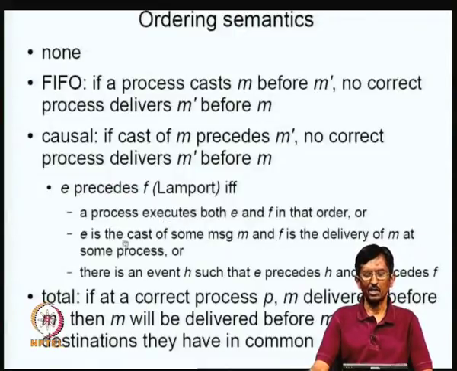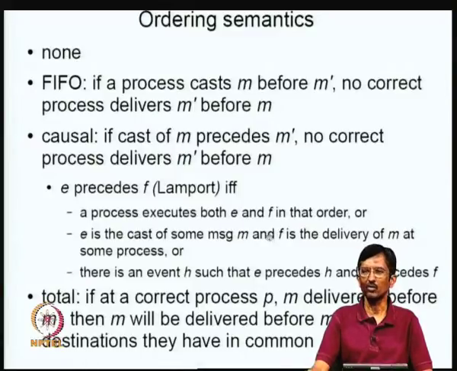If E is the broadcast or multicast of some message M, and we look at the delivery of M at some other process, then we can say that E precedes F, because E has been sent earlier, therefore it can be delivered.